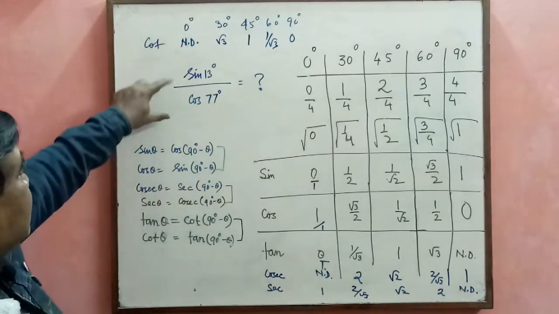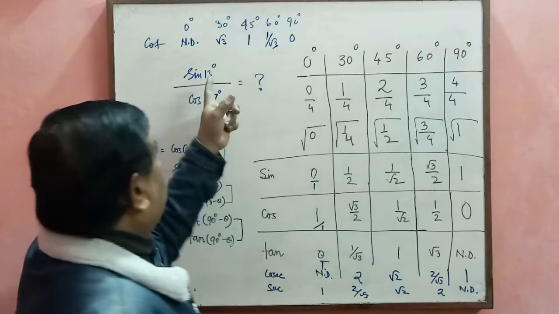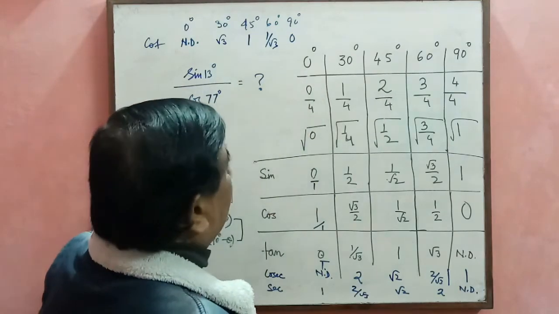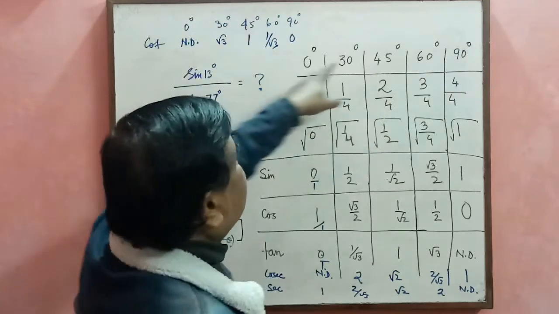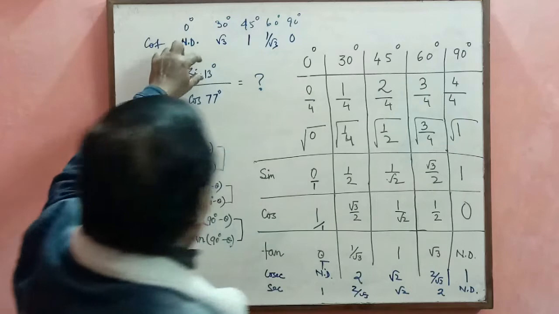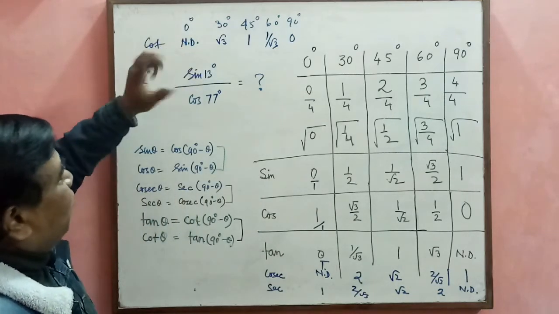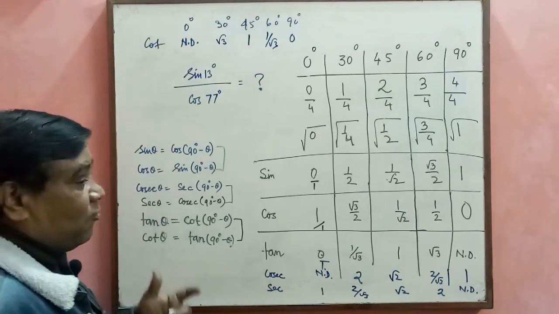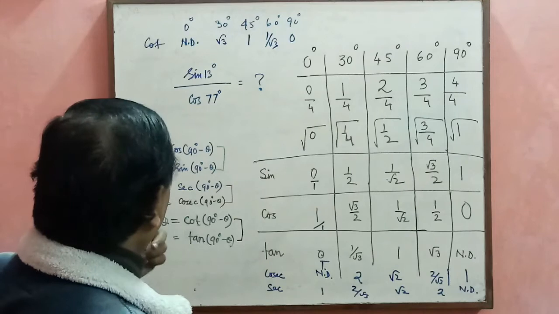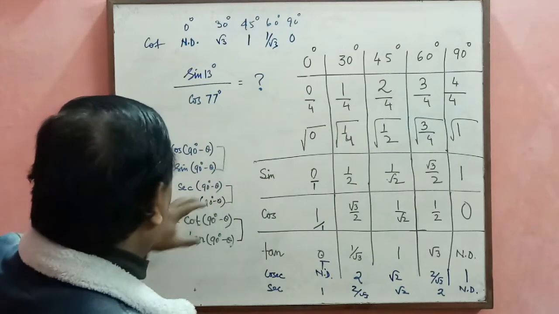You can easily answer this question, because here neither is it having 0, nor 30, nor 45, nor 60, nor 90. Besides these angles, if you have any question like 13 degree, 14 degree, 46 degree, 48 degree, 89 degree, you go with these identities.